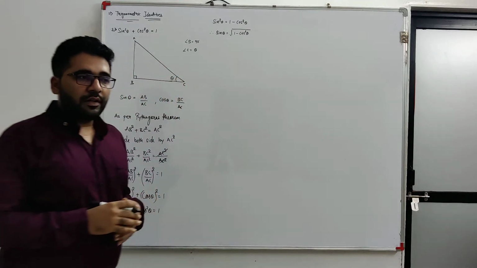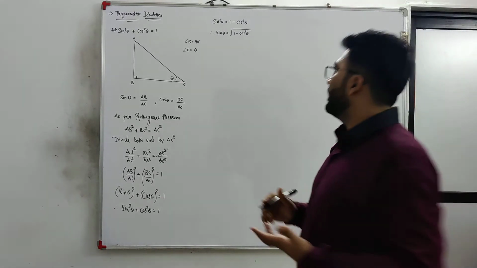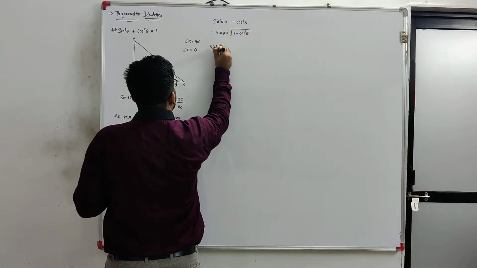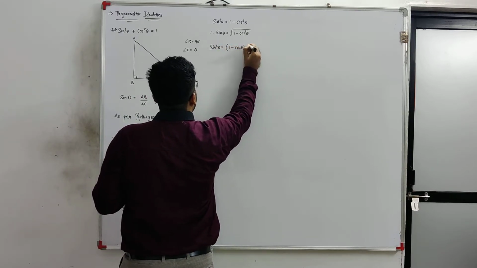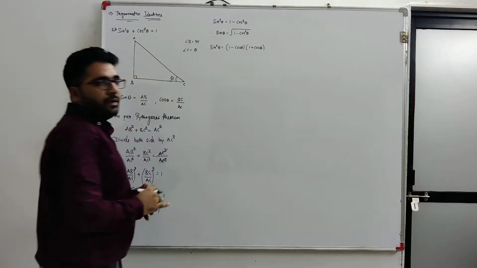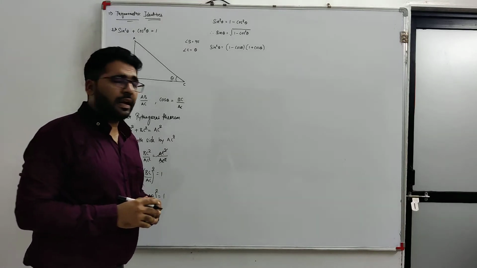And as you know, 1 minus cos square theta is of the form a square minus b square, so in the same way I can write sine square theta is equal to 1 minus cos theta into 1 plus cos theta. Okay, so these are the three ways that I have derived.